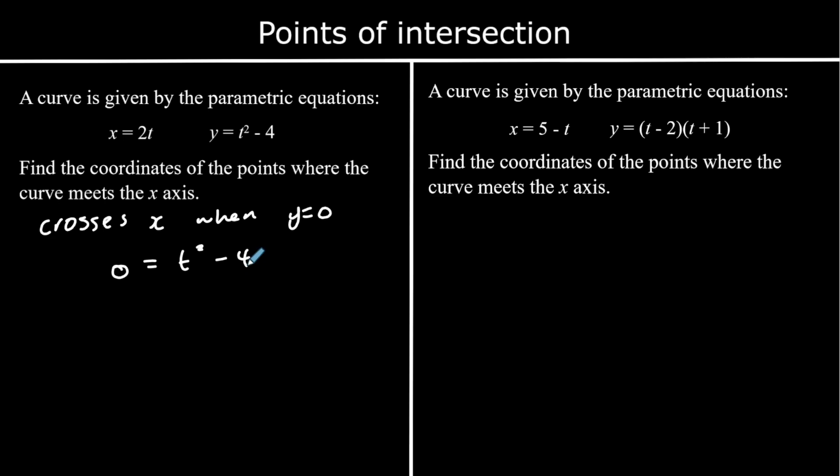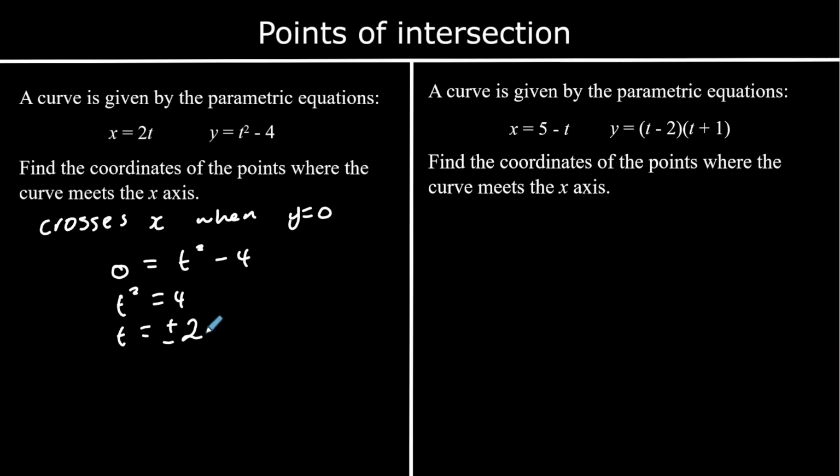So t can be, plus 4 to both sides, square root both sides. So t can be plus or minus 2. So what are the coordinates? We have to substitute our t values into our x and y to find the coordinates.